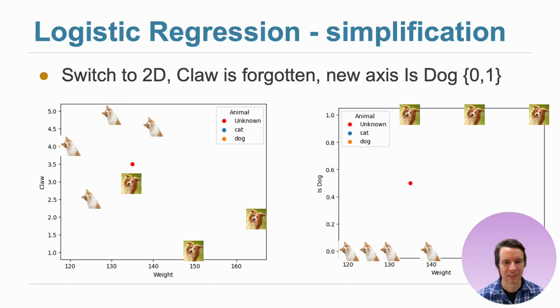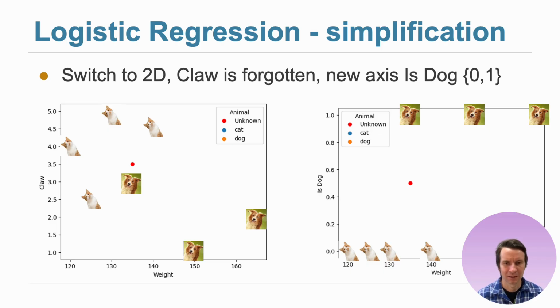Right. So here, to make the example first, we will switch from 2D to 1D. So let's say we forget one of the coordinates. We forget about the claw. The only thing that we have now is the weight.